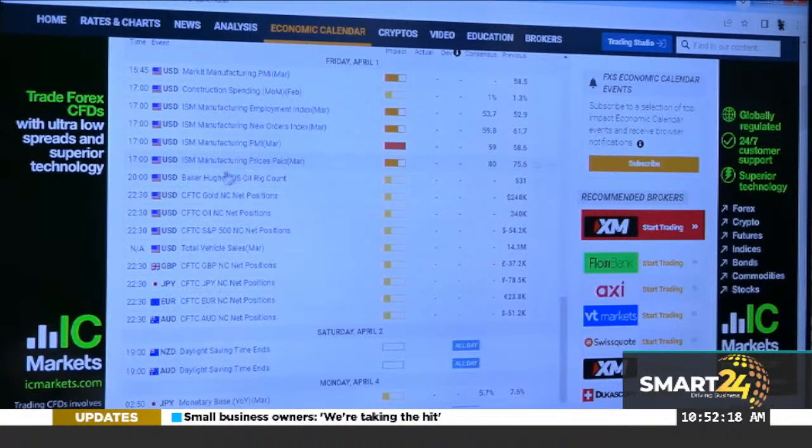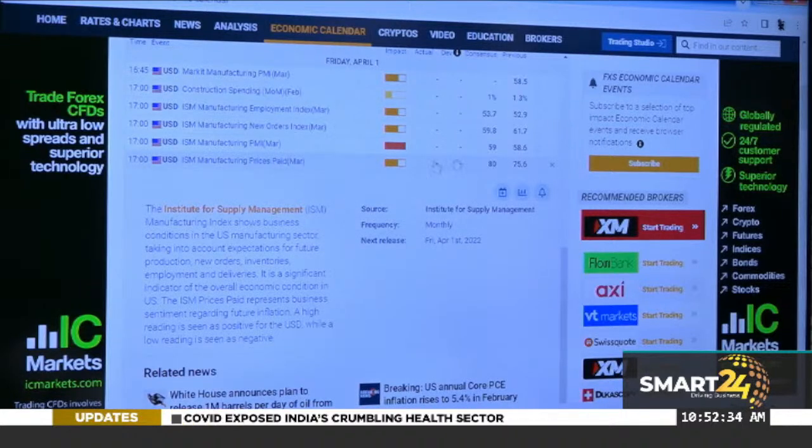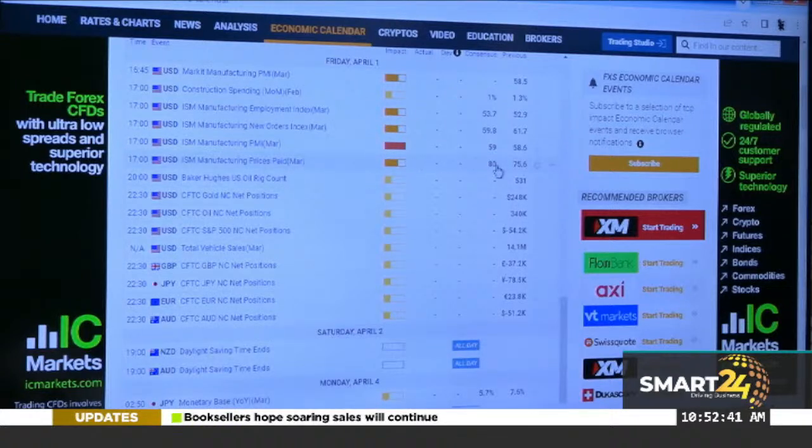The others that are left are very small impact events, very late in the night. Maybe just one more. Still at 5 p.m., the ISM manufacturing prices paid, affecting the US dollar. The previous figure is 75.6 and the consensus is 80. That is very positive for the US dollar.